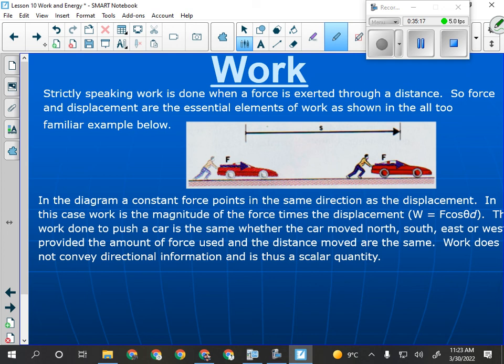Kinetic energy. Remember, the types of energy we deal with are gravitational potential energy, which is affected by mass, acceleration due to gravity, and height, and kinetic energy, which is 1/2 mv squared. So it's affected by speed and mass. In Unit 4, we'll also look at elastic potential energy.